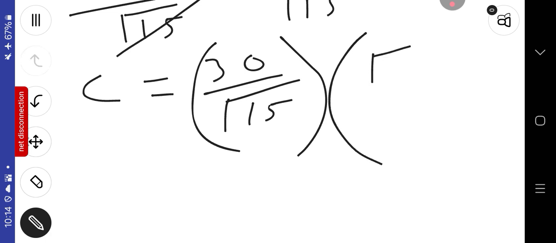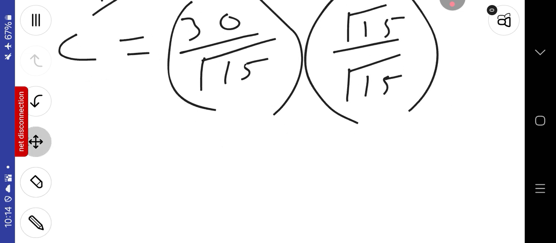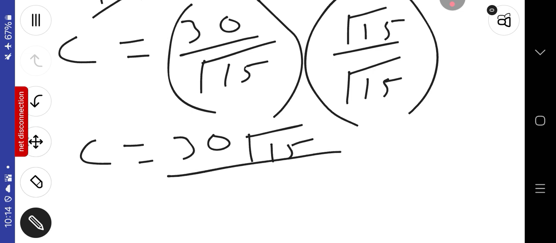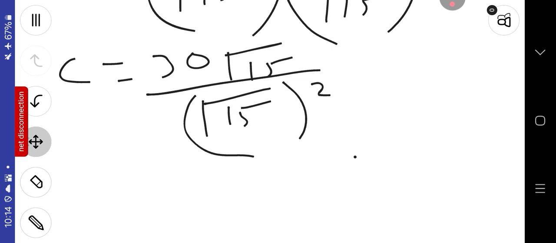So you're going to have c is equal to 30 multiplying the square root of 15 all over the square root of 15 squared. So these two cancel, this root.